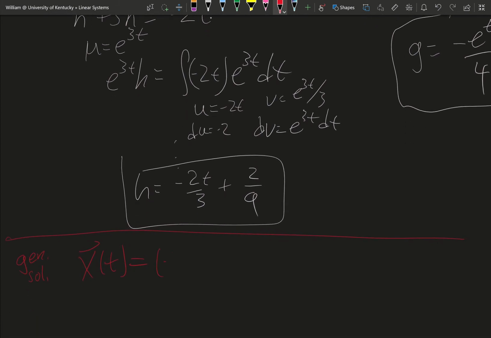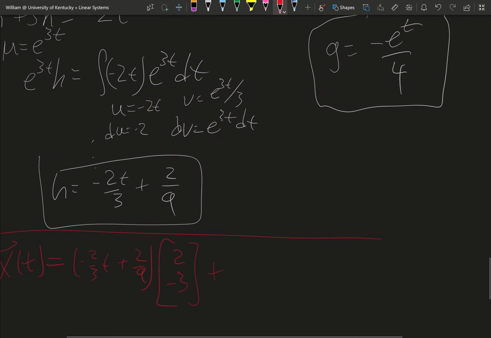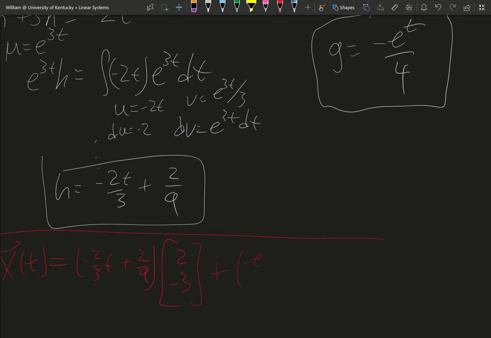So we have -2/3 t plus 2 over 9 times that corresponding eigenvector of 2, -3, plus -e to the t over 4 times the corresponding eigenvector of 2, 1, and then plus our complementary solution.